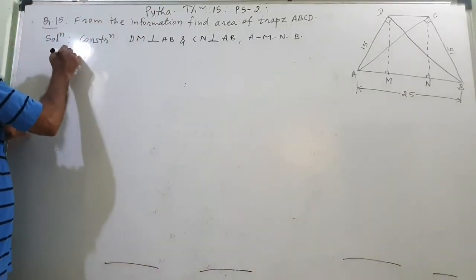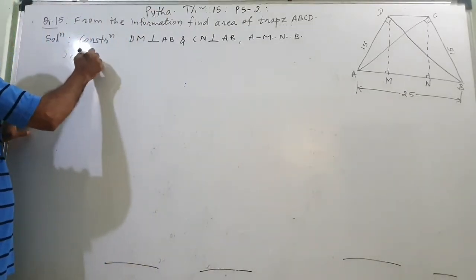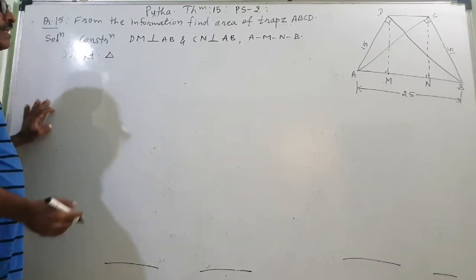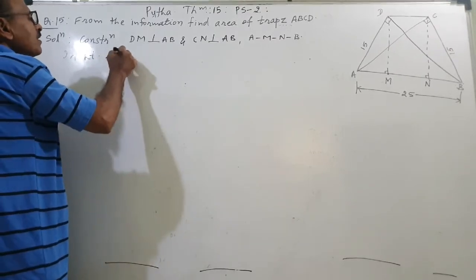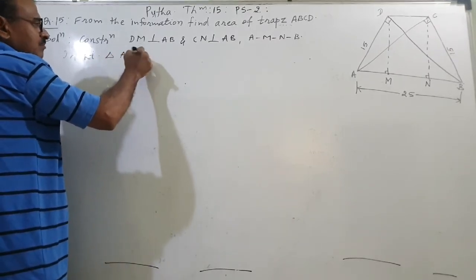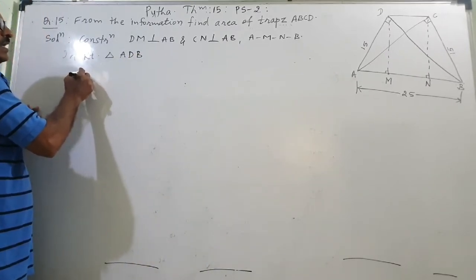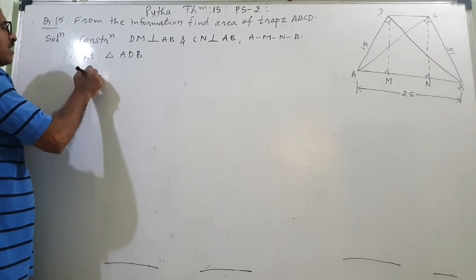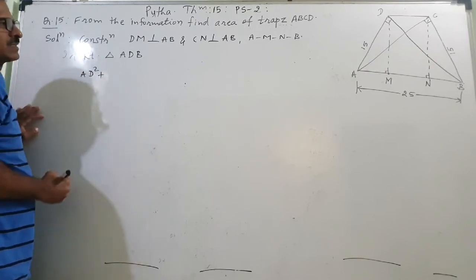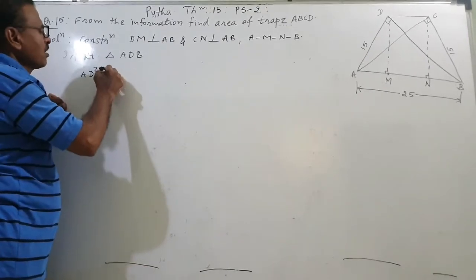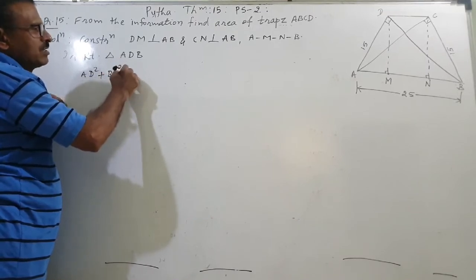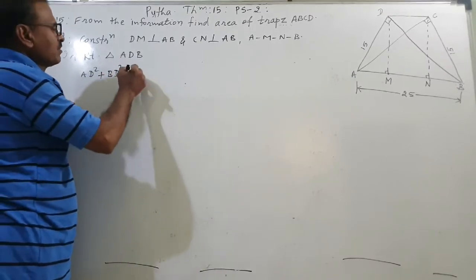In right triangle ADB, what is that? AD square plus DB square, or BD square, is equal to the hypotenuse square, meaning AB square.